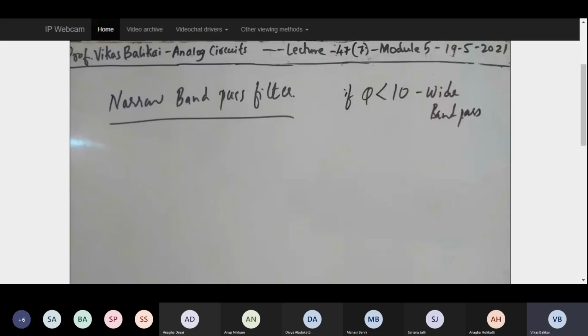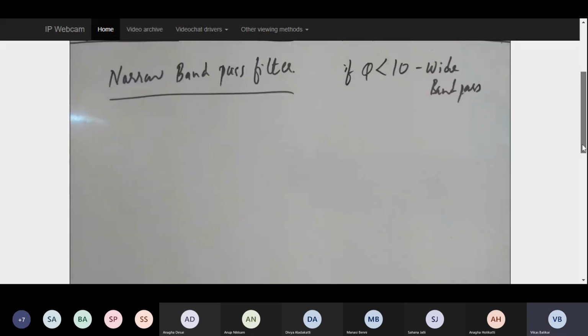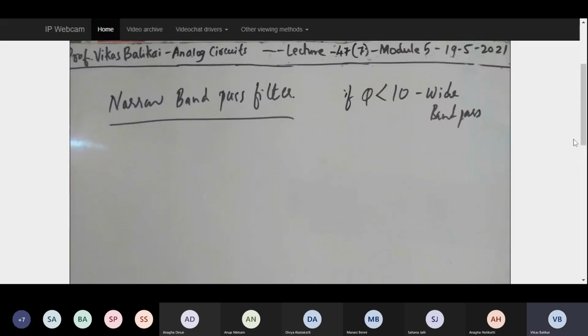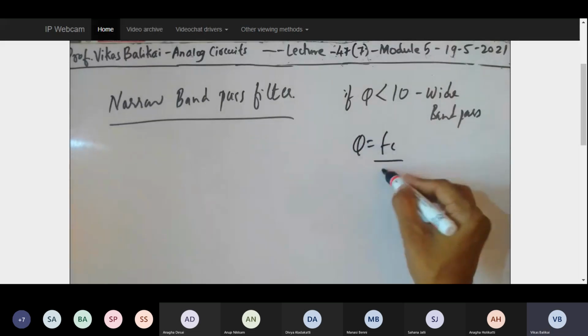So what was our Q value that we tried to analyze? Q is given by the center frequency upon bandwidth.